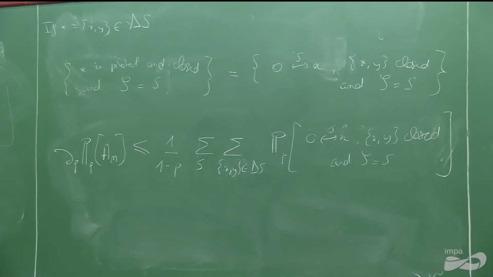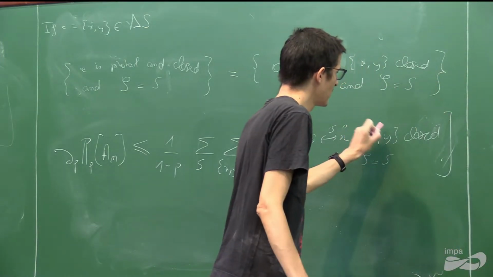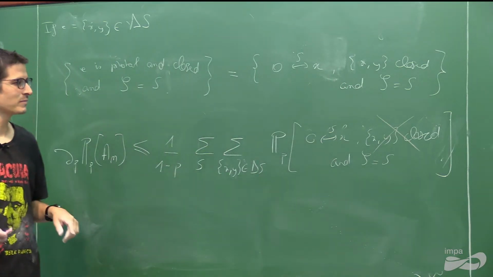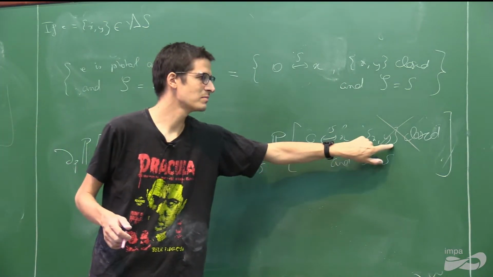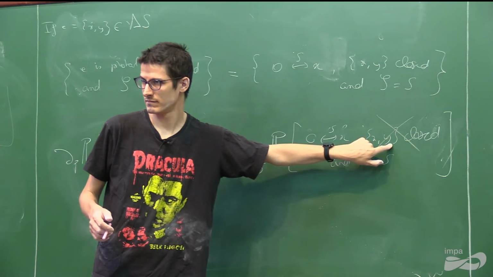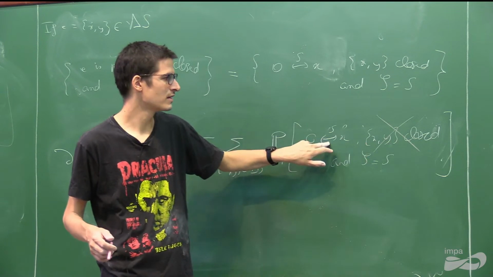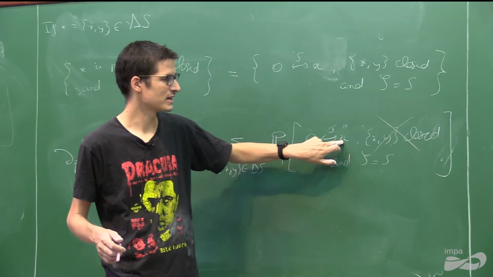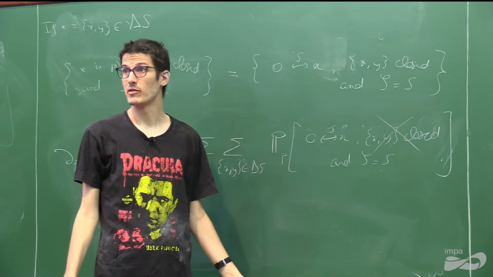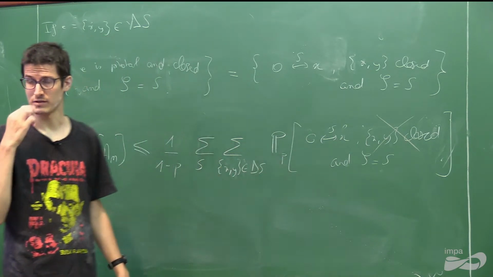Yeah, so this is true, but actually, I don't really need this. Right? Because if S is equal to S, this implies that this edge is closed. Okay? Because if not, then X would be connected to the boundary of the box, and this would give me a contradiction.